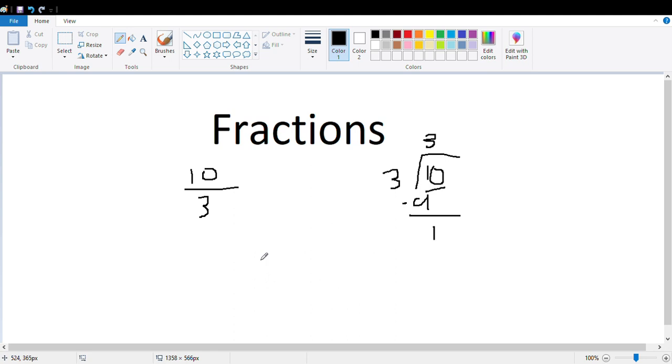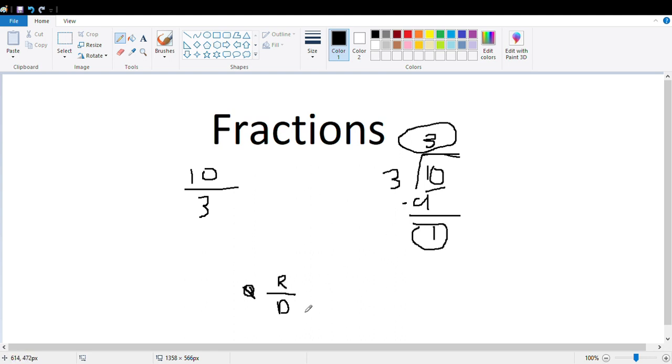So now how do you convert the imperfect fraction into a mixed fraction? There's a formula. The denominator stays the same, and the whole number over here becomes the quotient. The quotient is the number on top of this division box, and after this part will be the remainder, which is this number.